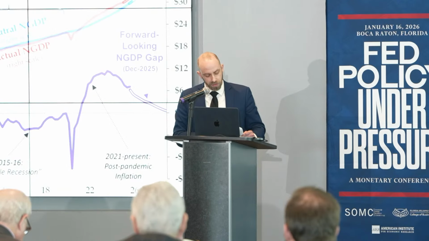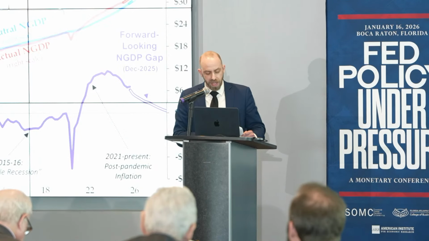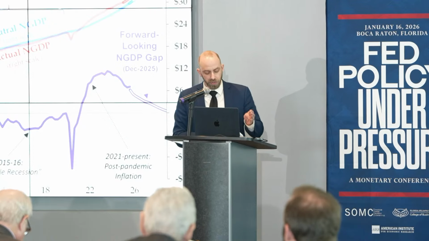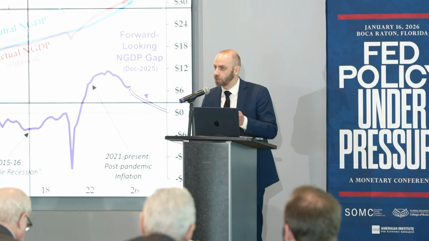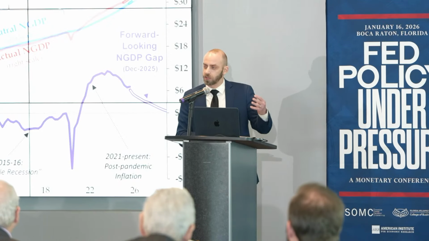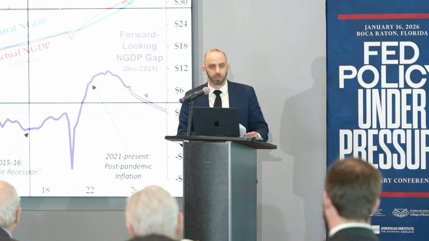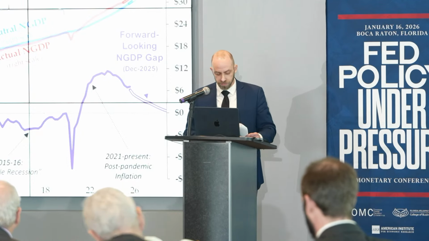For example, neutral NGDP in Q4 2025 is the average of the consensus forecast for that quarter published each month from January 2021 to December 2025. These consensus forecasts come from the Blue Chip Economic Indicators survey of roughly 50 professional forecasters.